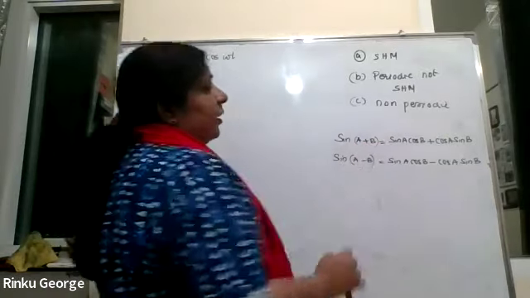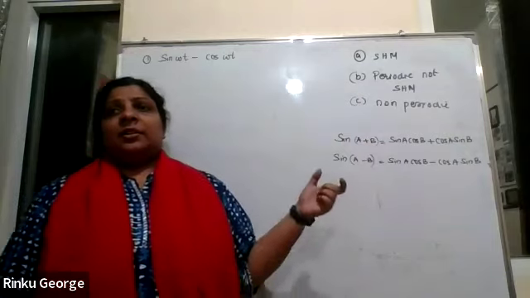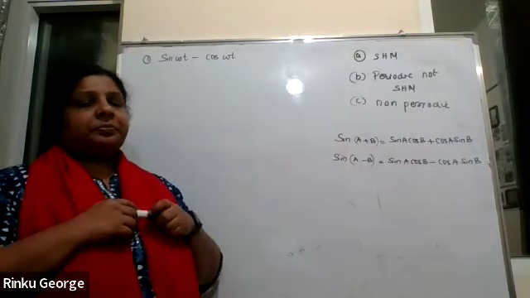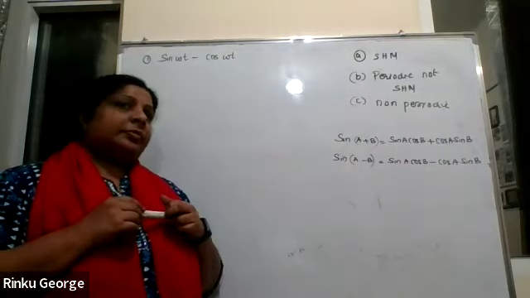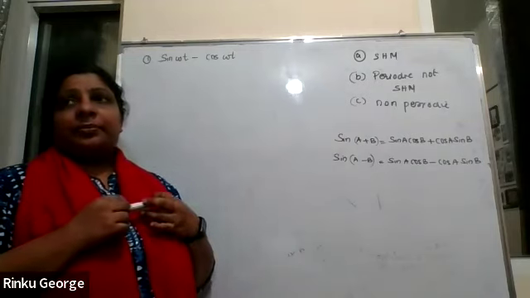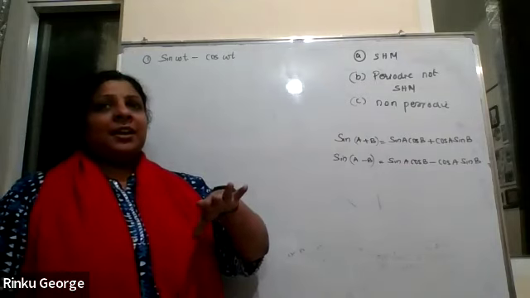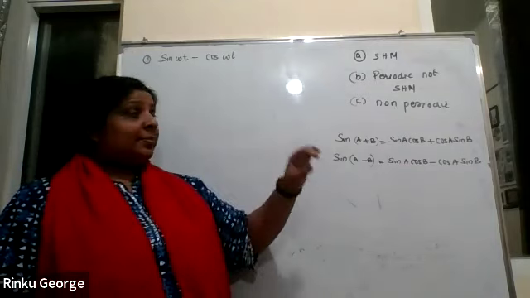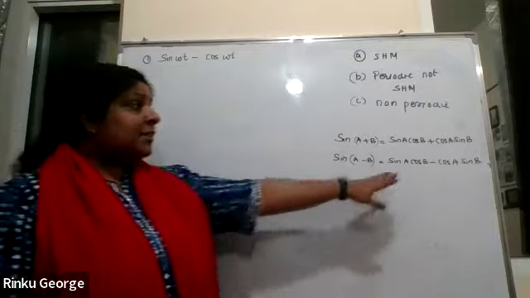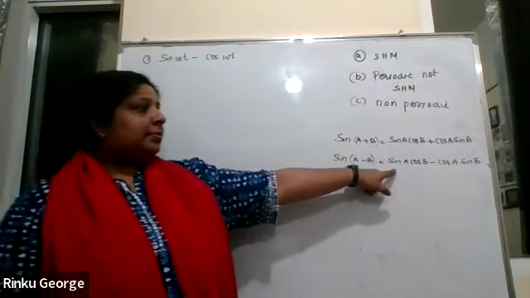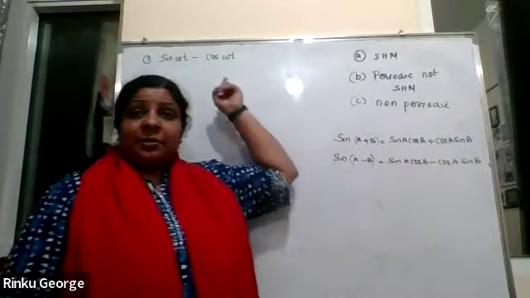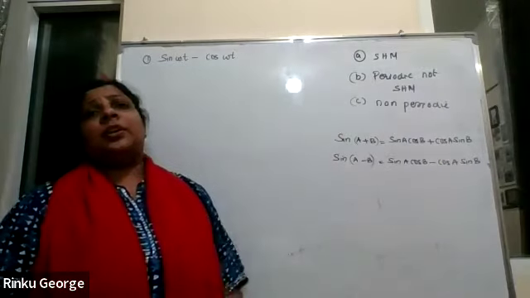Now, is there any way? This is a negative sign, right? Take down the formula, then I will tell. Okay, done? Math students, tell me, is there any way you can bring this question to the sin(A minus B) form? This is negative in between. So, how can I bring it to that?